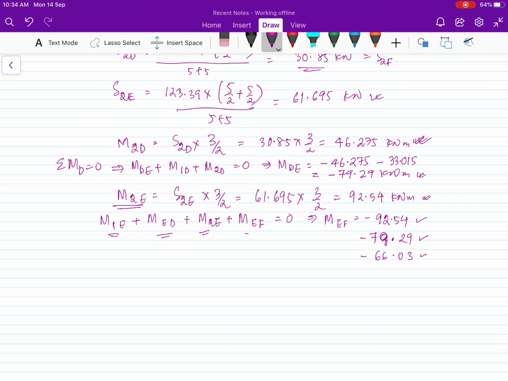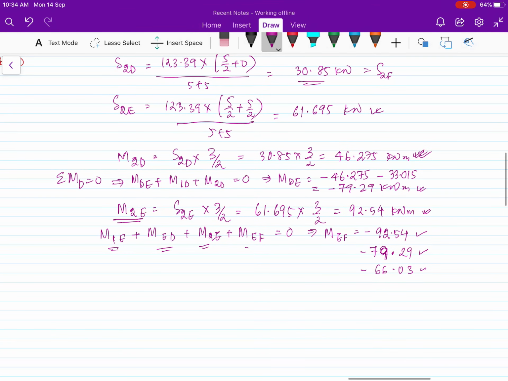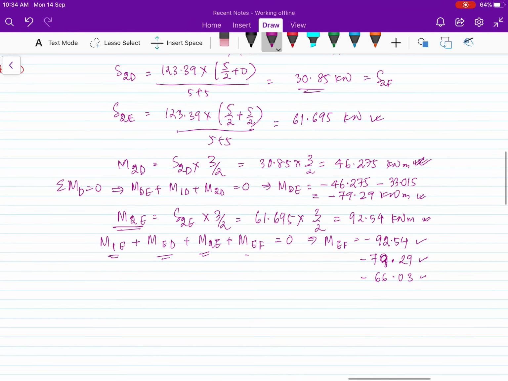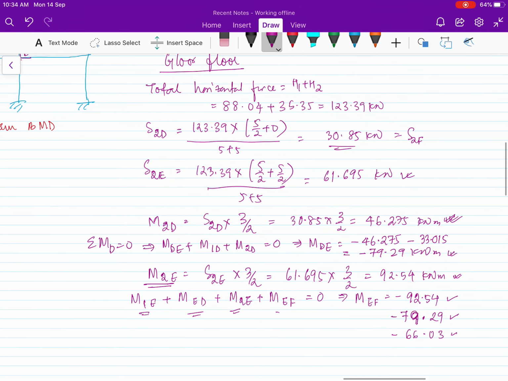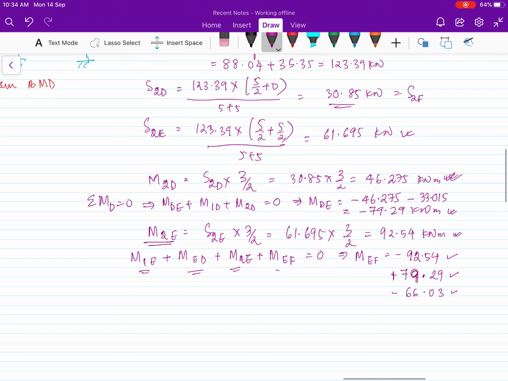So minus 92.54 minus 66.03, and this minus 79.29 will be plus, because this is negative, so negative will come the other direction, positive. So you will get 79.29 kilonewton meter here also. For this beam also you will get 79.29.